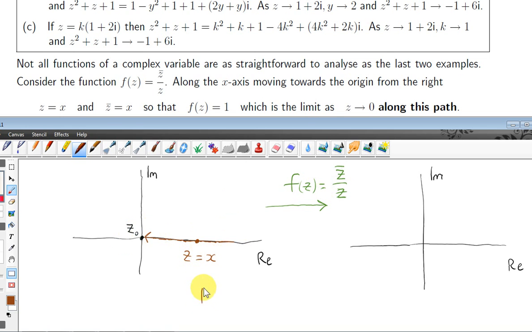Let's get f of z. Well, we want z bar. Well, the conjugate of x is just x. Its imaginary part is 0, so x plus 0i becomes x minus 0i. And we divide it by itself, by z. So we get x divided by x is 1.